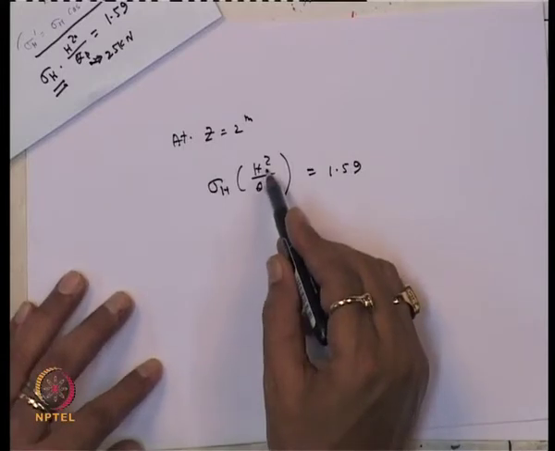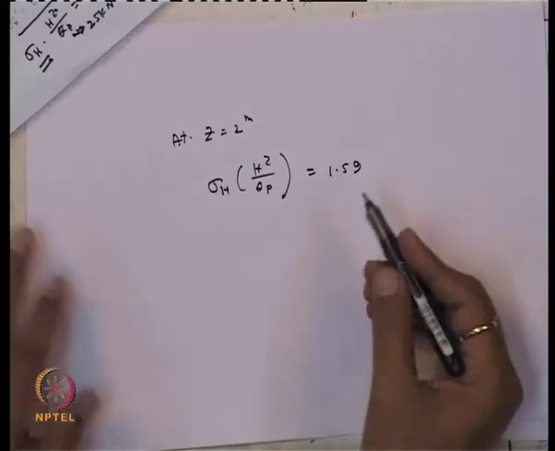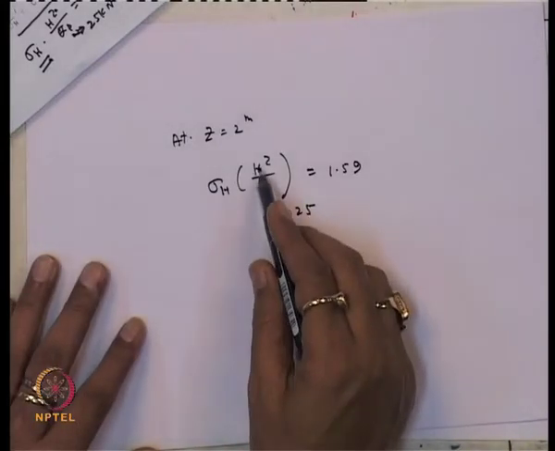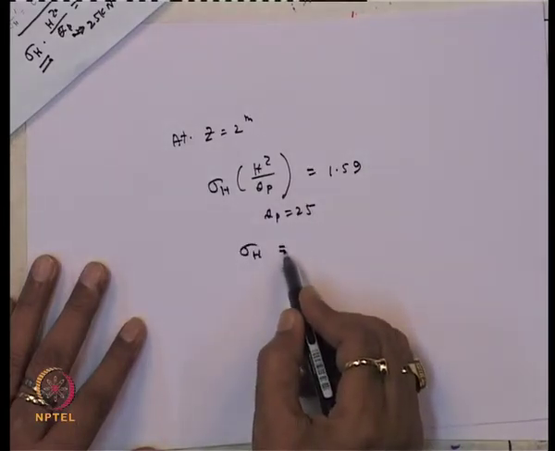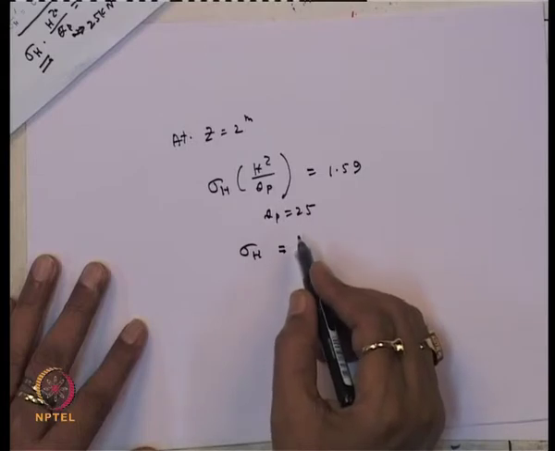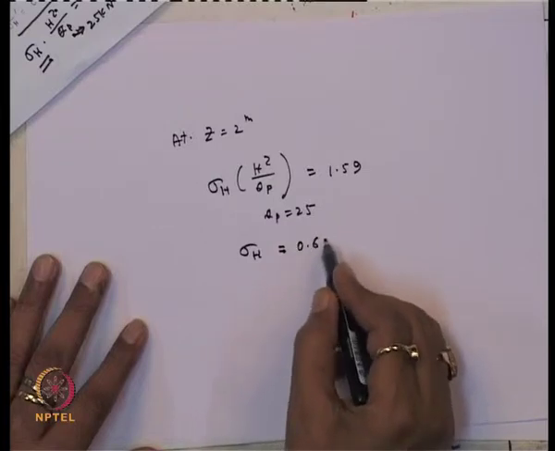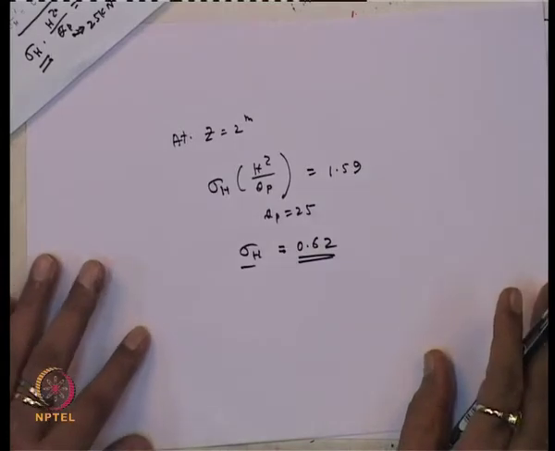Now h is known, 8 meter height, and qp of that wheel is also known, 25. So you can calculate sigma h for wheel 5. For wheel 5 at a depth of 2 meter, sigma h will be equal to 0.62.